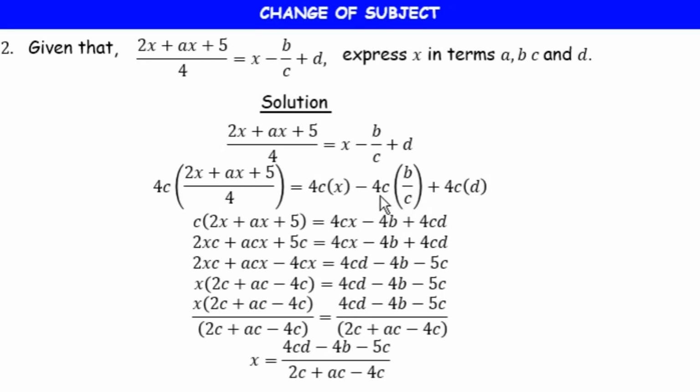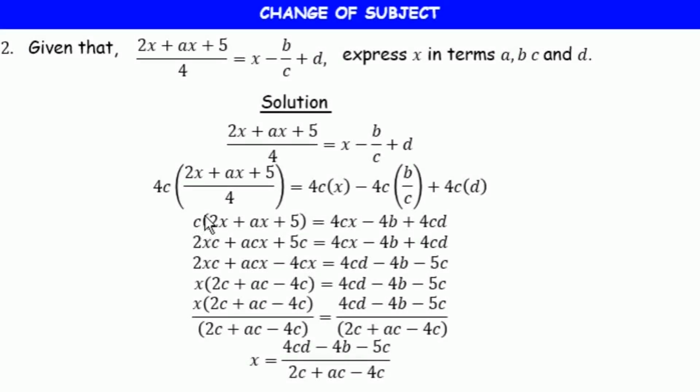When you come here, you have 4c times b over c, so this c down here is going to cancel out this c up here, leaving us with 4 and b. So you have 4b. Now when you come here, you have 4c times d, so that gives us 4cd, right?